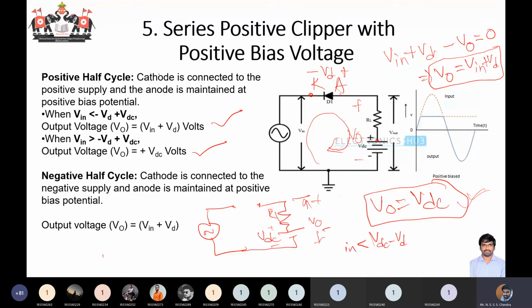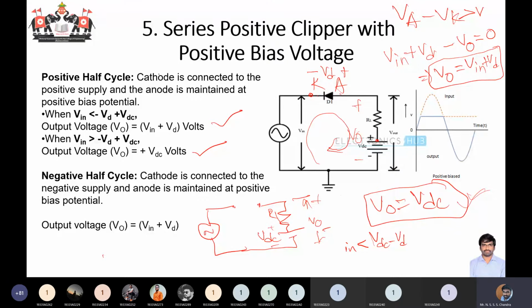Some of the online forums, when you're checking, these conditions might be given differently, so do not worry about that. Some of them might have some errors. The only thing you need to follow is to always check this basic condition, that V anode minus V cathode should be greater than your cut-in voltage.